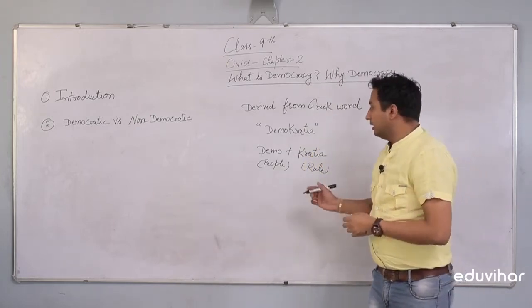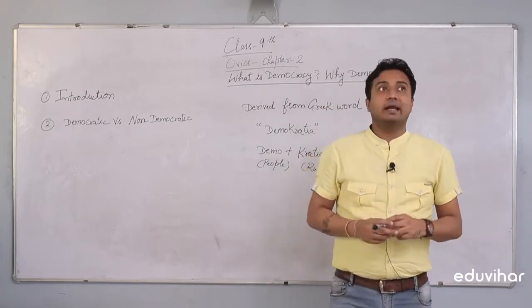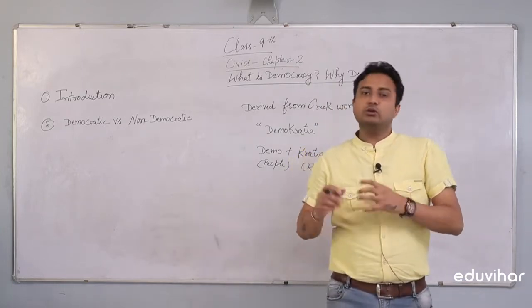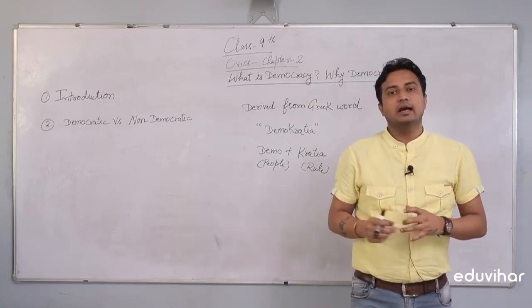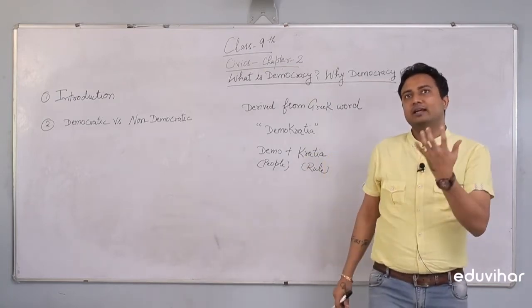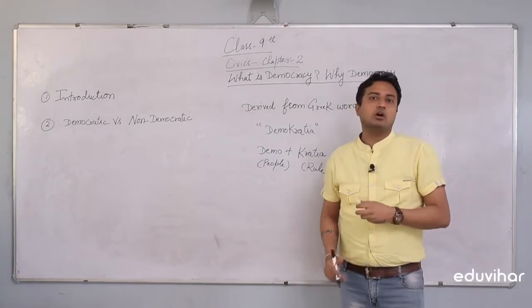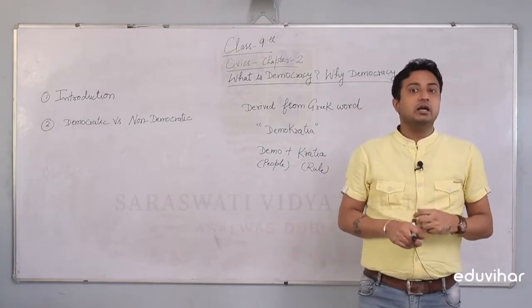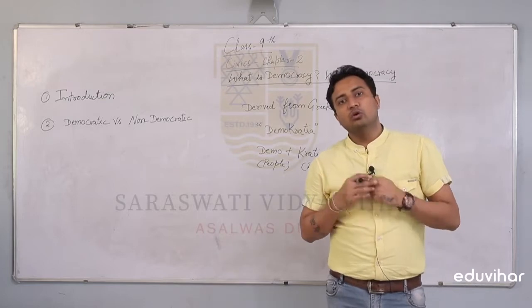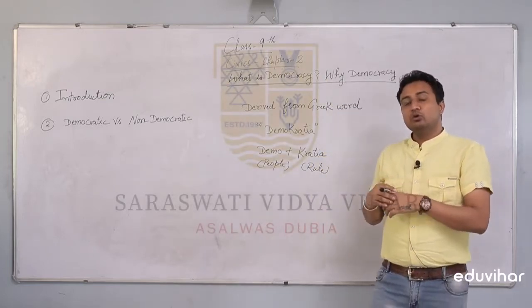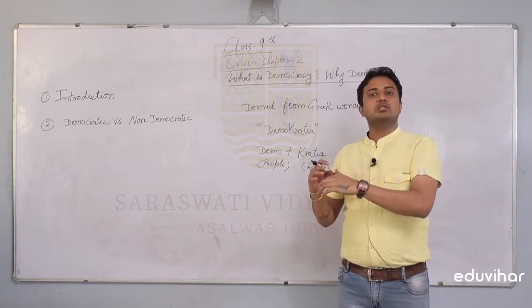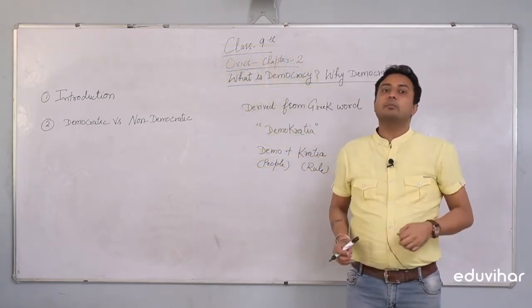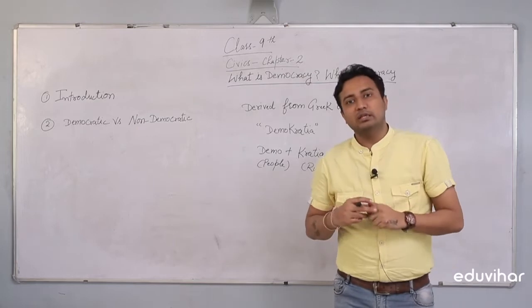There is the right to vote, the universal adult franchise given by our constitution. Every adult who is 18 or above 18 years of age has a right to vote. So we choose our representatives, we choose our leaders by giving votes to them.